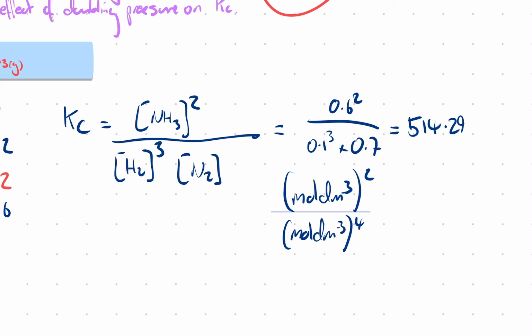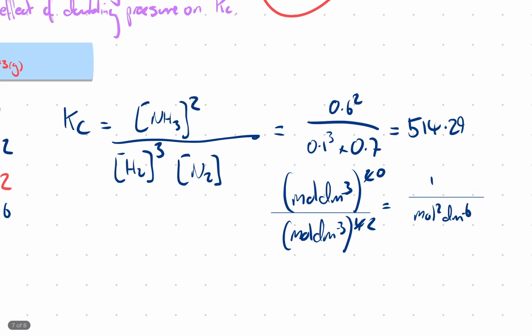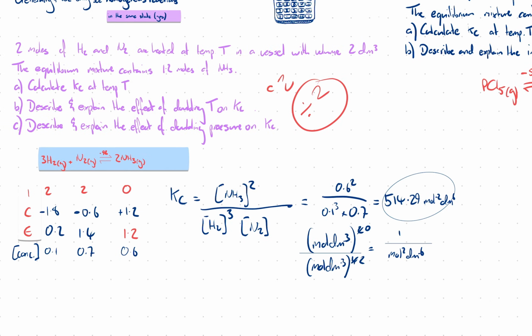So I'm left with 2 on the bottom, which is equivalent to 1 over mol squared dm to the minus 6. And to bring that to the top, I need to invert all my indices. So our units are mol to the minus 2 dm to the plus 6. Happy days.